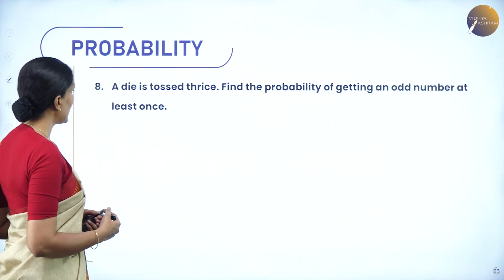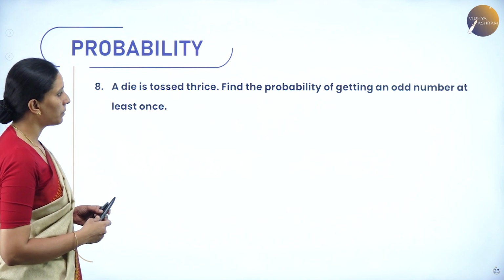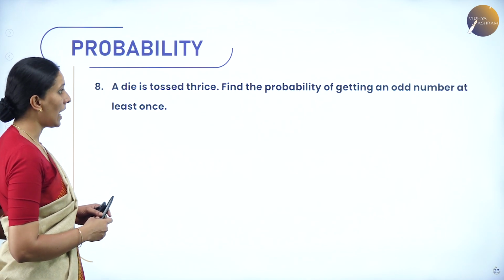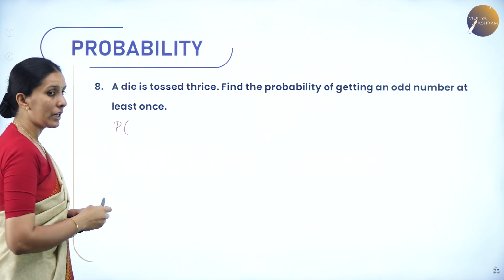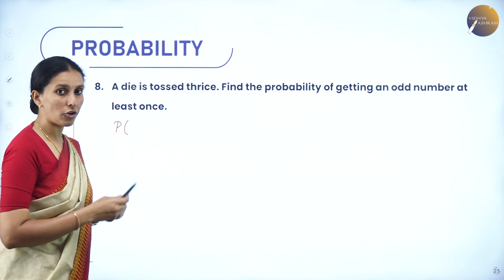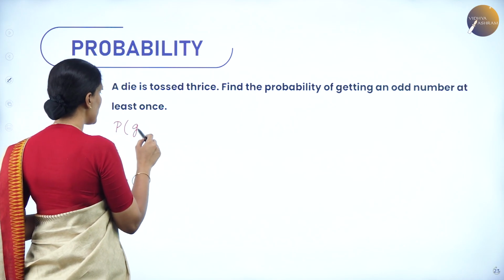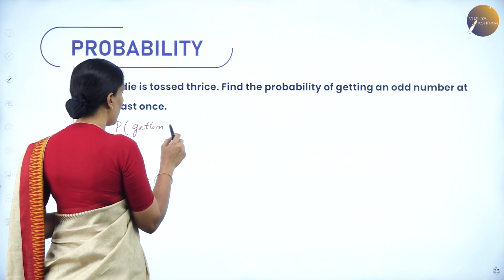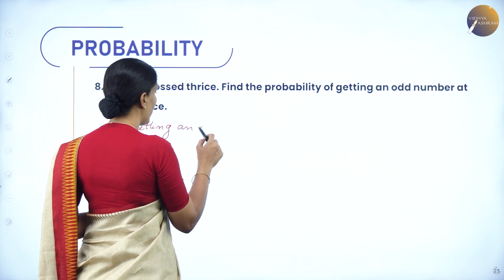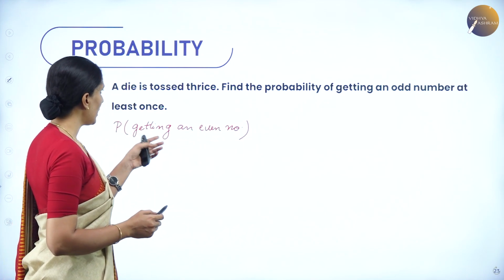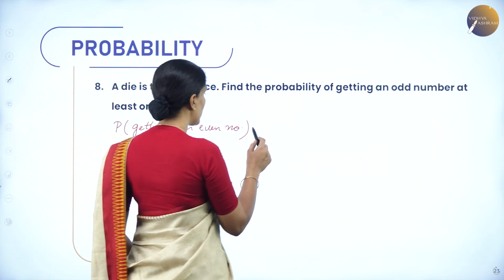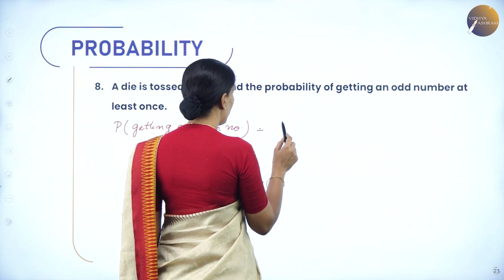The next problem is: a die is tossed thrice. Find the probability of getting an odd number at least once. So the probability of getting an odd number is the complement of the probability of getting an even number. So first, I'll calculate the probability of getting an even number. The probability of getting an even number in one toss is 1 by 2.